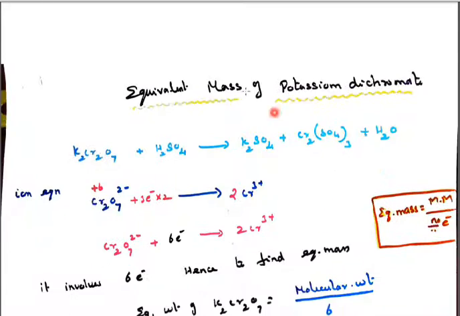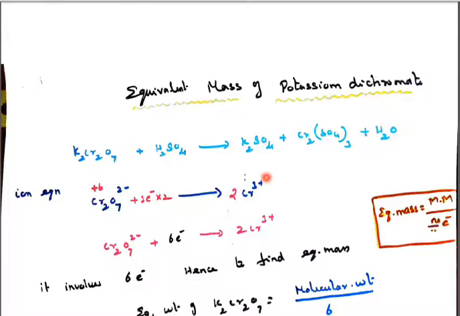In order to calculate the equivalent mass, the formula is molecular mass divided by number of electrons, MM by n, very easy to remember. As I said in the previous balancing of equations, the number of electrons involved in the particular equation is very, very important for the calculation of equivalent mass. In Cr2O7 2 minus and chromium 3 plus, here it is +6 valency and here +3 valency.